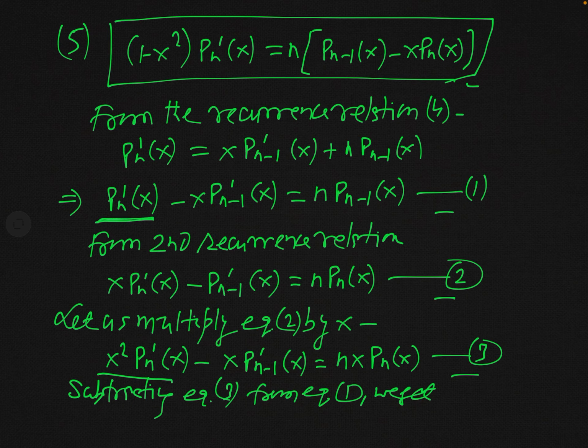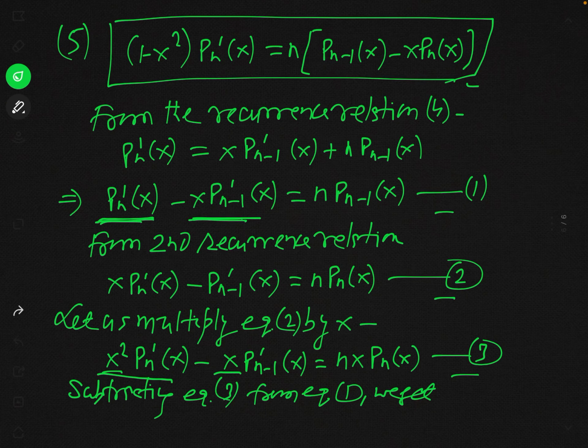So in the first term, Pn prime of x will be a common factor, and the multiple of that will be 1 minus x square. And this second term will in fact cancel out, because the second term in equation 1 is minus x Pn minus 1 prime of x, and in equation 3 the second term is the same and the sign is also the same. So after subtracting equation 3 from 1, this second term will cancel out.